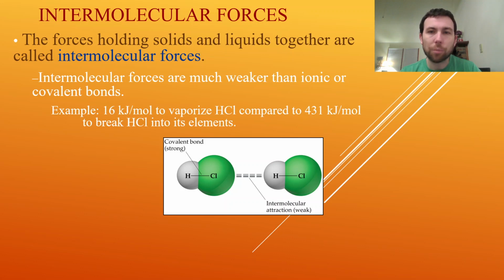So HCl, to break it into its individual elements, is 431 kilojoules per mole. That is significantly greater than the energy required to vaporize it, to take it from a liquid to a gas. So that's just one way we can get an idea of how these intermolecular forces are weaker than our intraparticle forces.